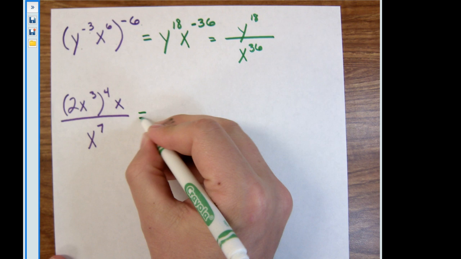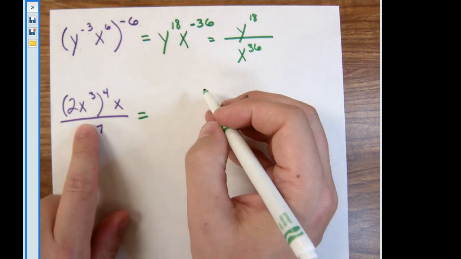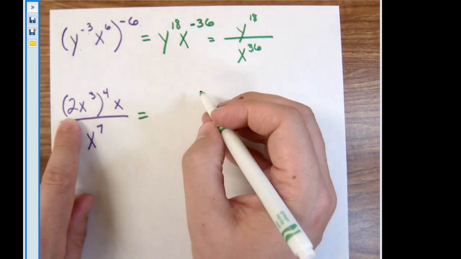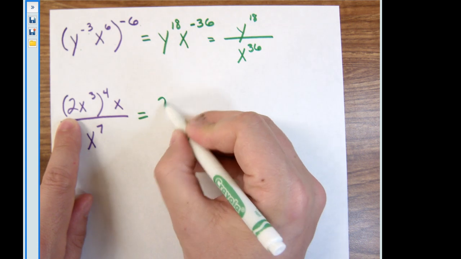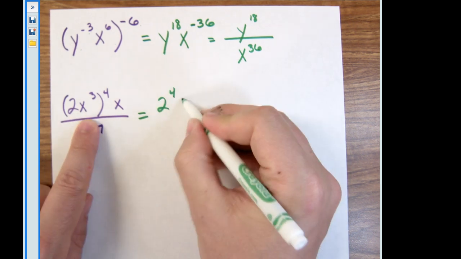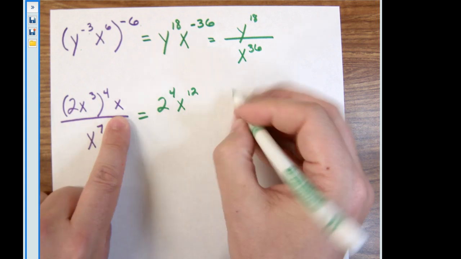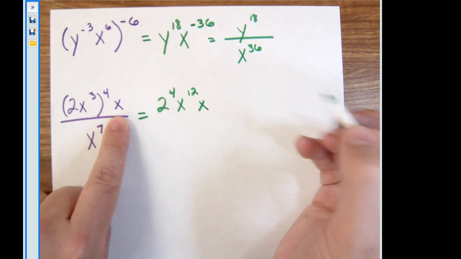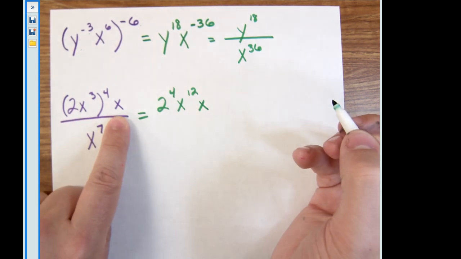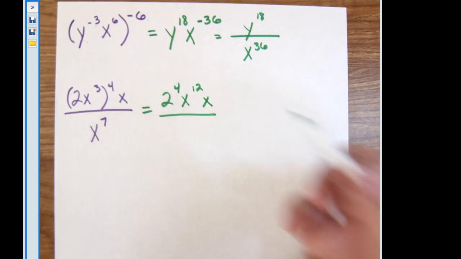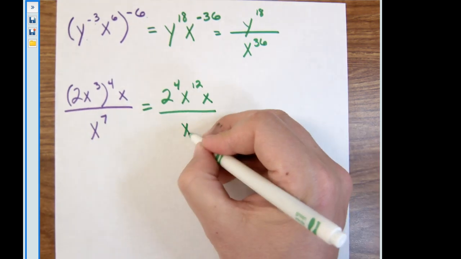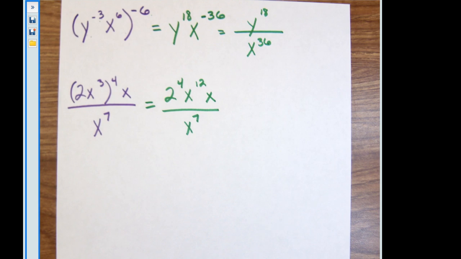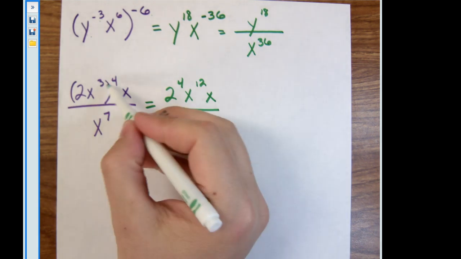Okay, so yeah, it's x to the 12th, but also 2 to the 4th, x to the 12th, and then the other x. So that will eventually be x to the 13th on top, right? Right, this was power of a power, so I multiply.